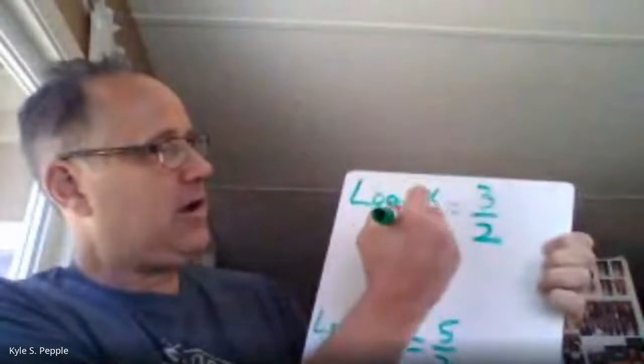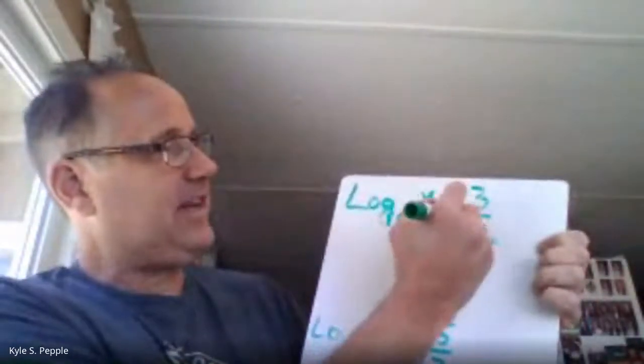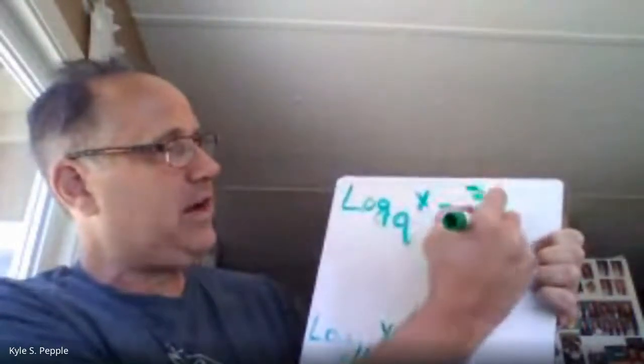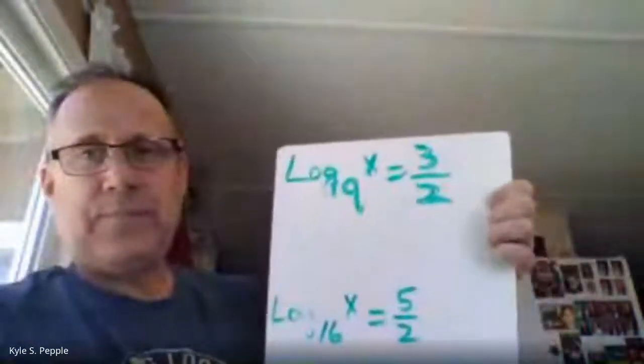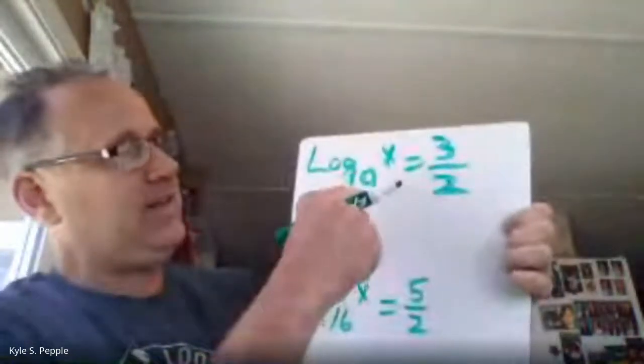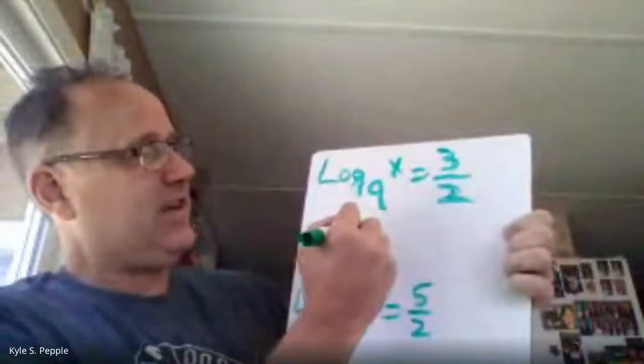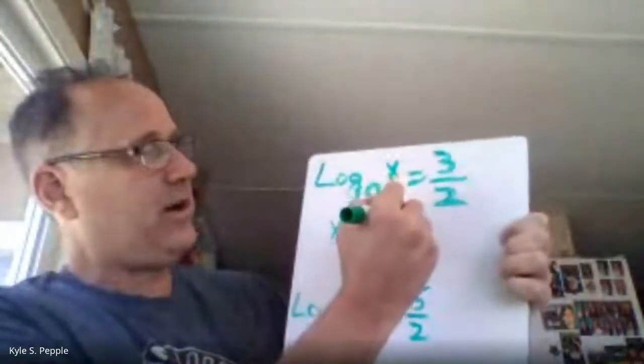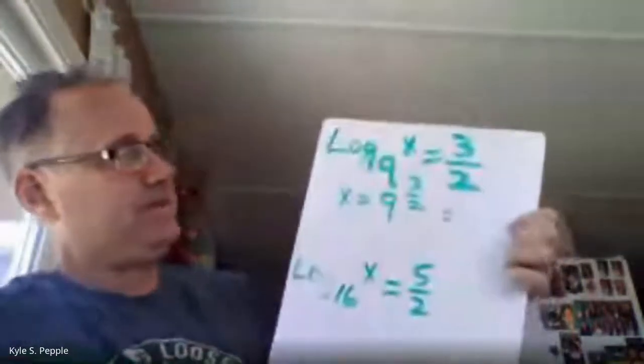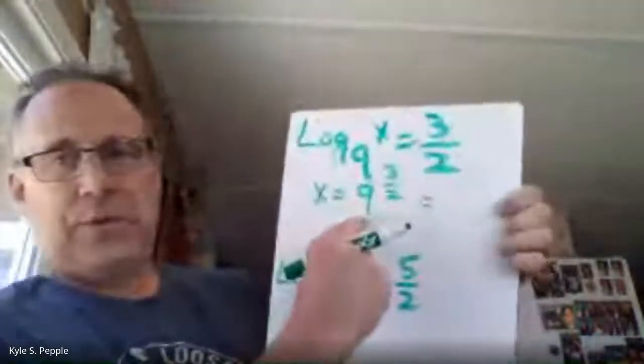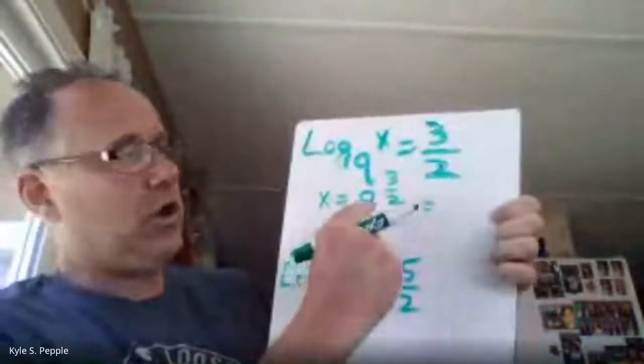All right, let's take a look at another one. Same thing. Log base 9 of x equals 3/2. We rewrite x equals 9 to the 3/2. We pull our 3 out.